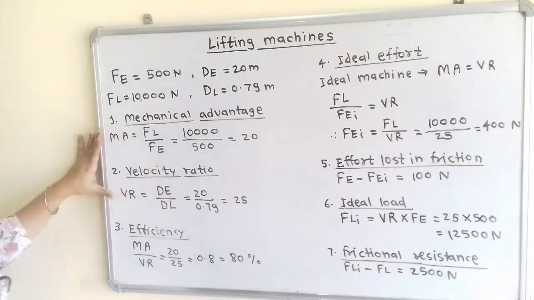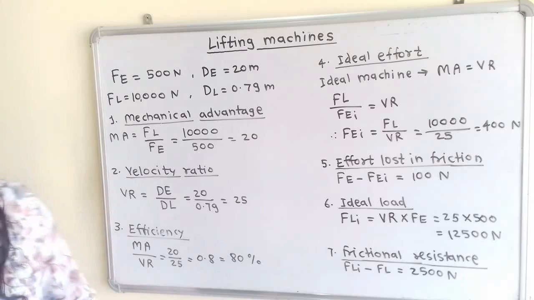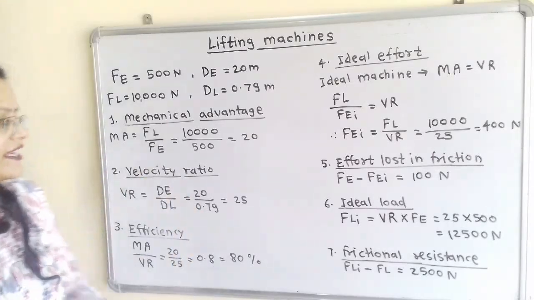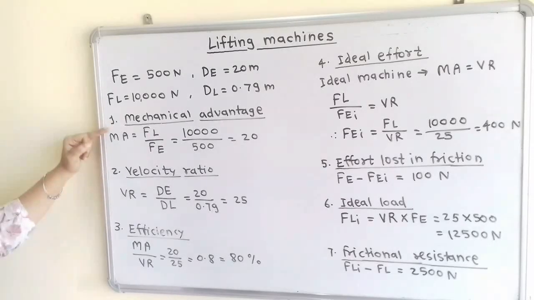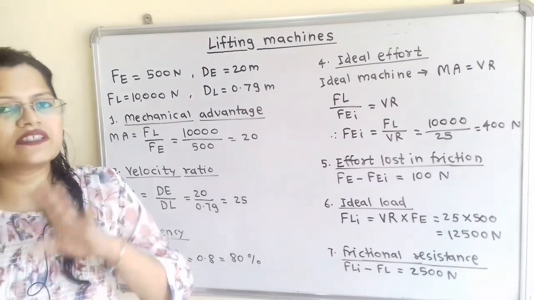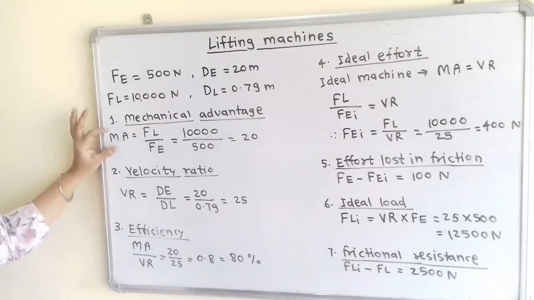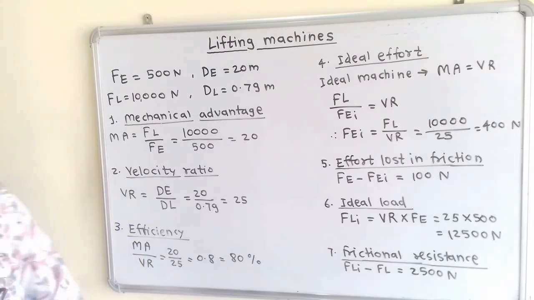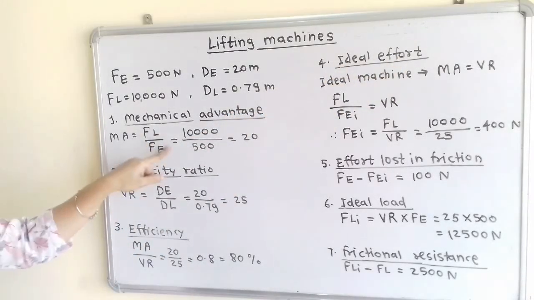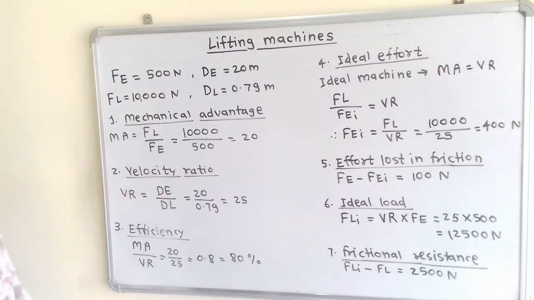In a normal lifting machine, we have to overcome friction, and that's why these two parameters are different. But in an ideal machine there is no friction and therefore mechanical advantage is equal to velocity ratio. So for ideal effort, we have to find out the term Fe.